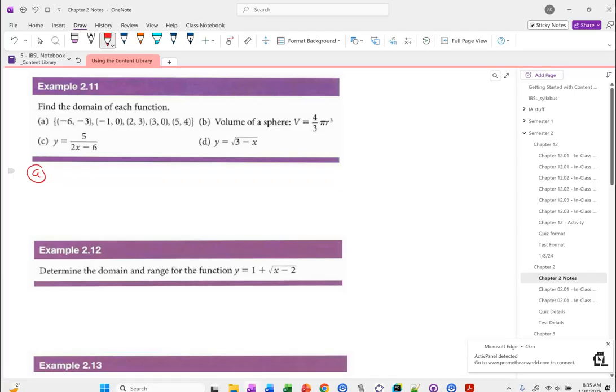If I look at this set of ordered pairs, what is the domain going to be for this guy? So first thing you should ask yourself is, is this list going to be finite or infinite? Finite. So if it's finite, we're just going to use set brackets and list the finite elements. What are the elements on that list?